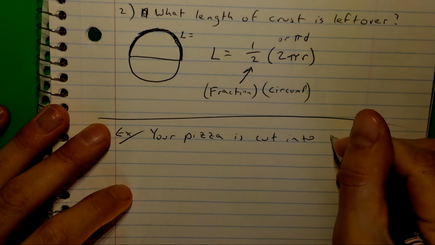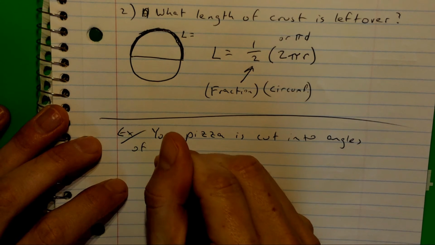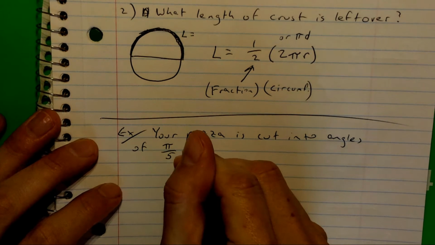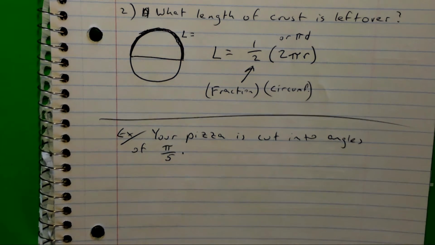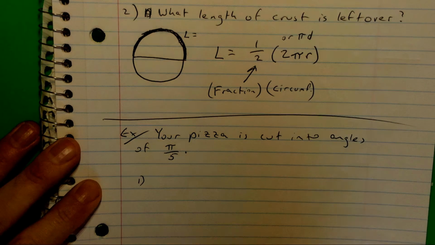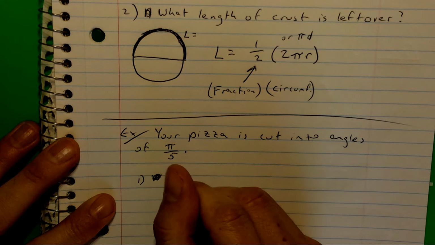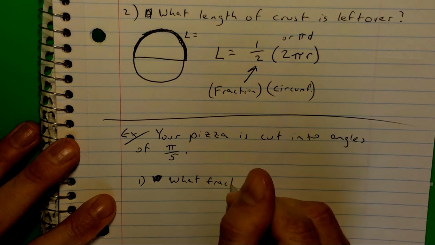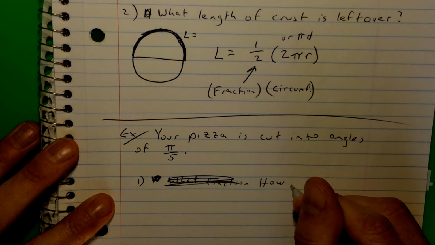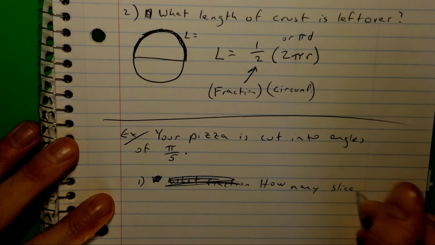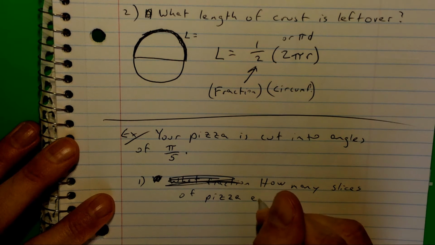So your pizza is cut into angles of pi over 5 radians. So I want to know first, how many slices of pizza are there in existence?